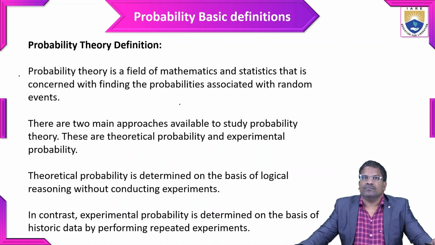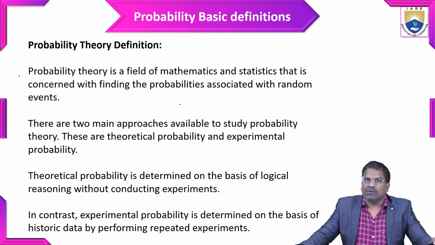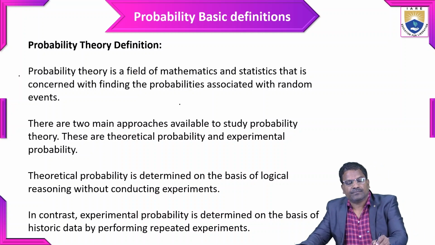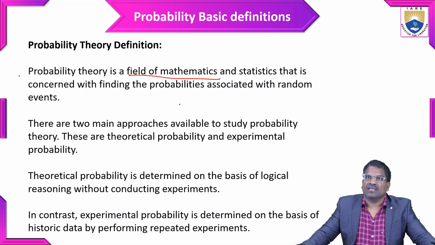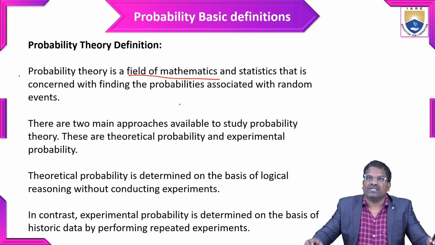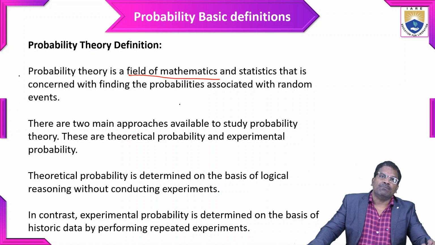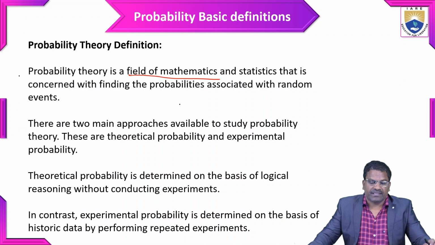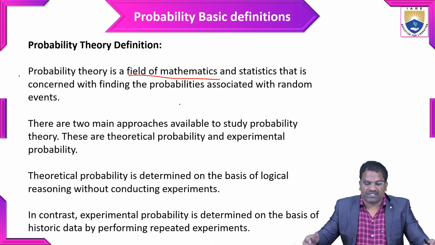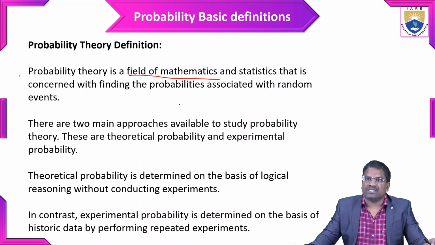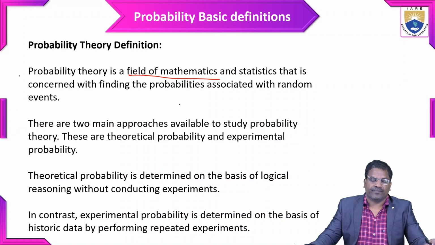Now, let us see the probability theory definition. Probability theory is a field of mathematics and statistics that is concerned with finding the probabilities associated with random events. There are two main approaches available to study probability theory.